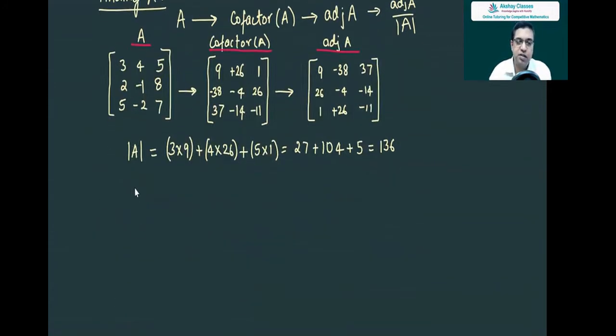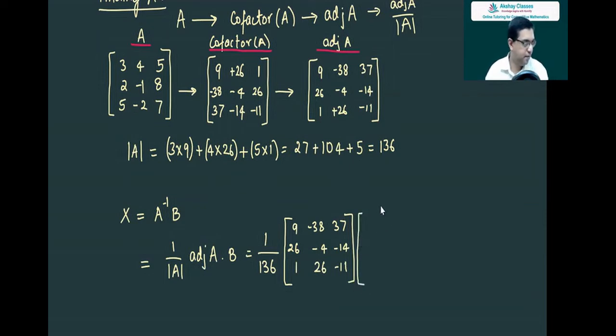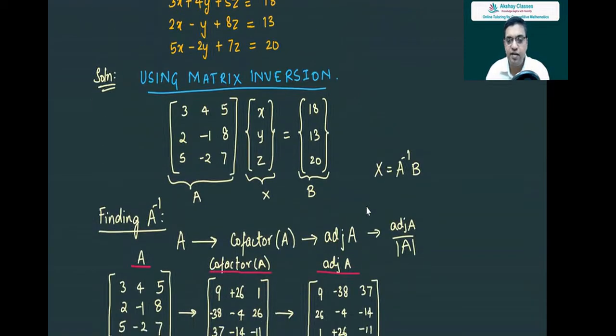A inverse. So X is A inverse times B, and A inverse is 1 by det A into adjoint A times B. So it is 1 upon 136 into adjoint: 9, minus 38, 37; 26, minus 4, minus 14; 1, 26, minus 11, multiplied by, what is the matrix B? 18, 13, 20.